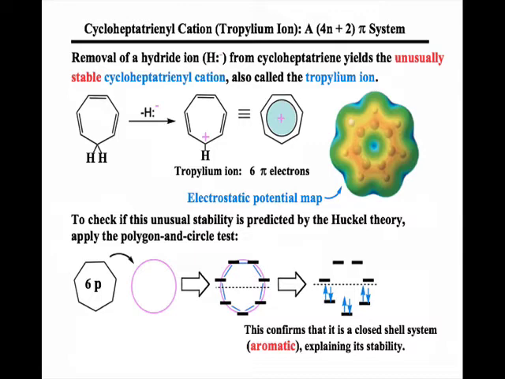And so you can actually take the polygon, turn it upside down where one of the points is facing straight down, and you can see all of the orbitals that you have to deal with. When you populate them, you see that below the line is completely filled. And so it satisfies all of the rules for aromaticity.